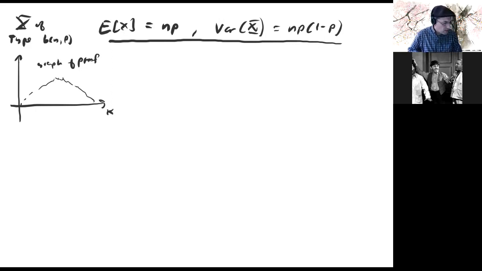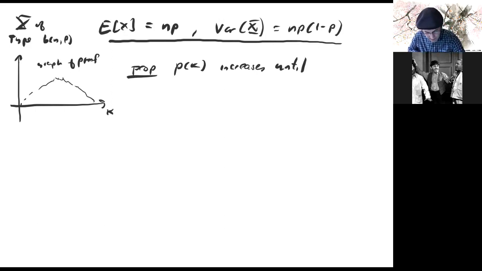Okay, so here's the proposition. P of k increases until it achieves its maximum, and that maximum occurs at k equals the greatest integer of (n plus 1) times p.